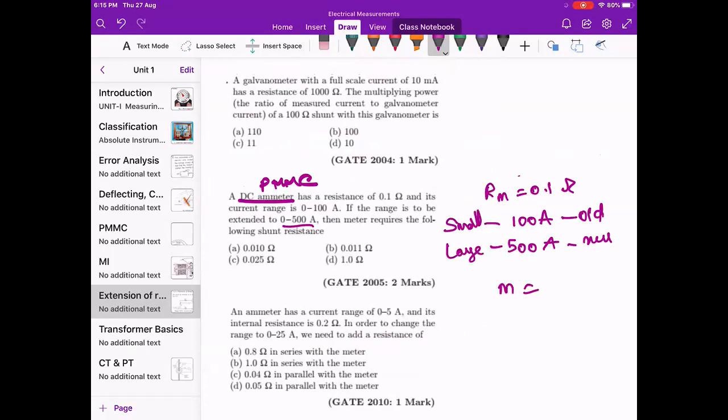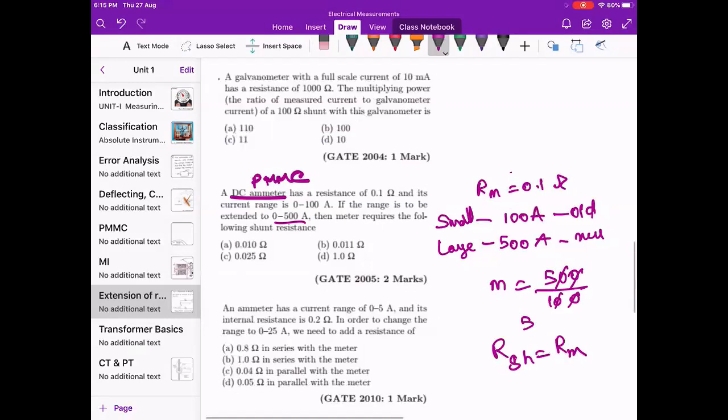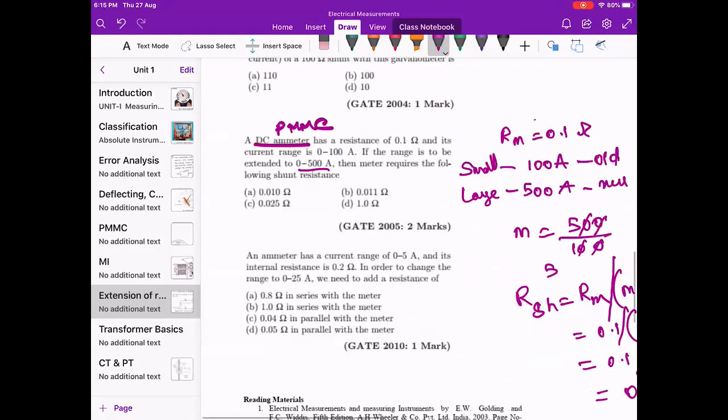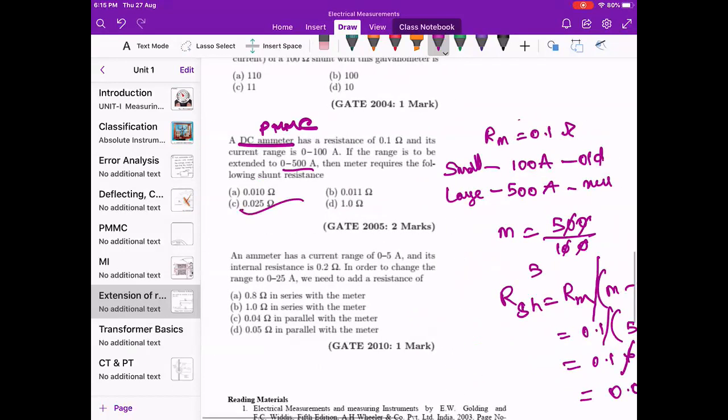M is equal to new by old, 500 by 100, so we get a ratio of 5. Now we know that Rshunt is equal to Rm divided by M minus 1. Rm is 0.1, 5 minus 1 is 4, so Rshunt is 0.1 divided by 4, which is 0.025 ohm. That is the answer.